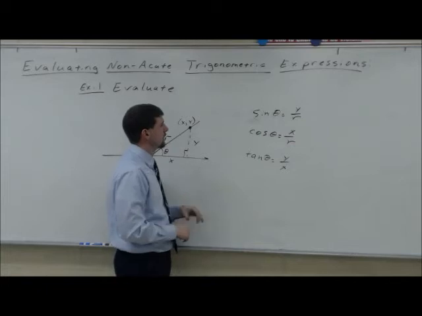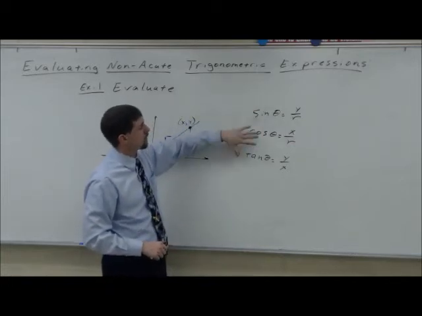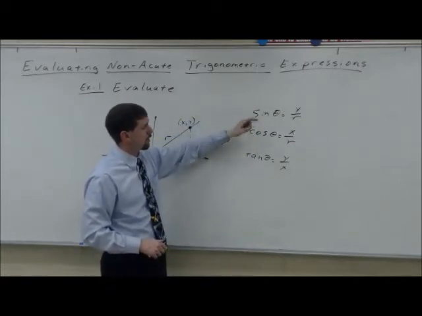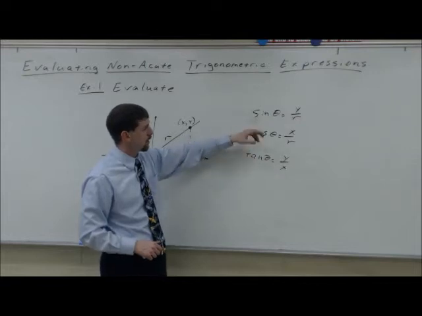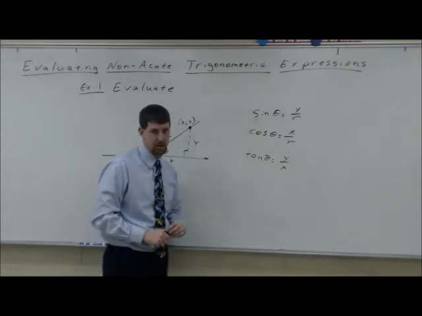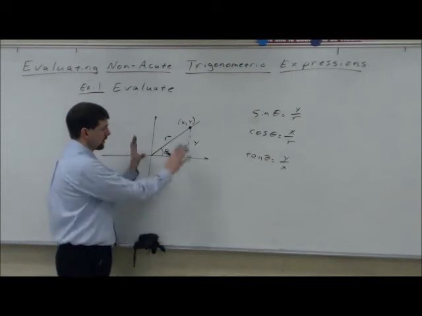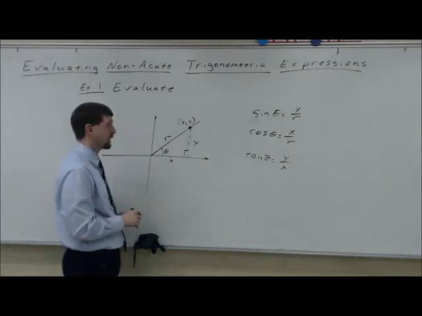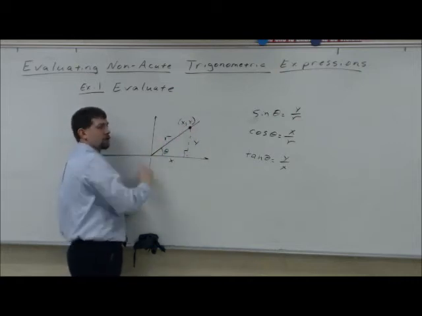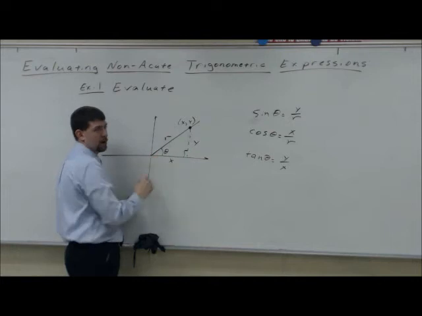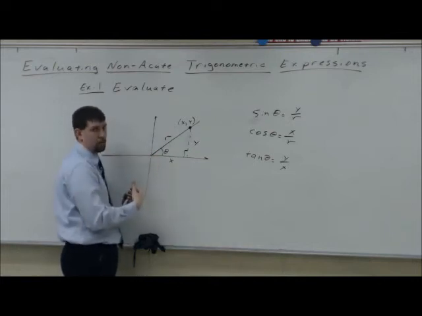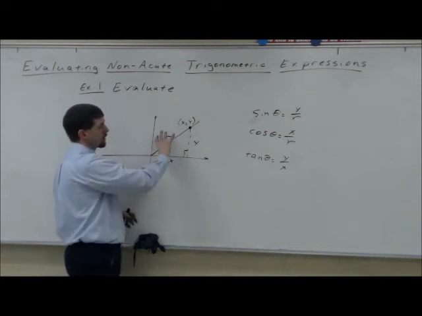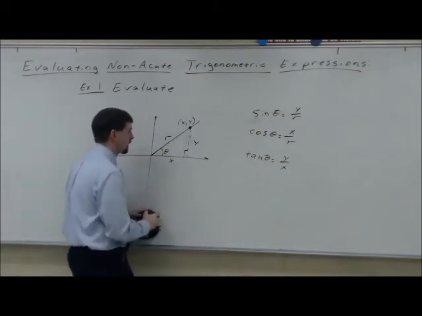Cosecant would be r over y, secant would be r over x, and cotangent would be x over y. So where I've got this idea of a point on the terminal side, if I know the terminal side, I can work backwards and figure out what the angle is, but I don't really necessarily need to know the angle.